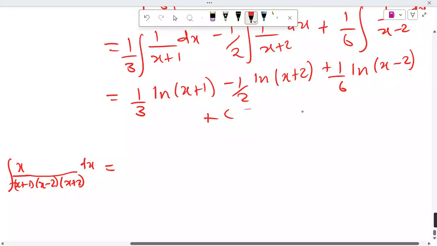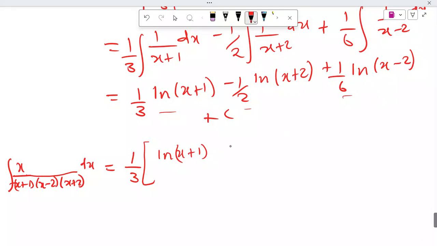so I can group these if I want, because I can take out 1 over 3, it's the same. So you can just say, let me take out 1 over 3, then here I'll remain with ln x plus 1. So I'm grouping this one and this one because they have a common coefficient.